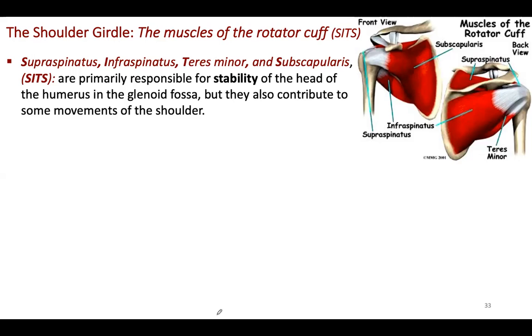Most shoulder problems originate in one or more of these 4 muscles, because they are very important, not just for keeping the stability, but for accounting for many disorders.